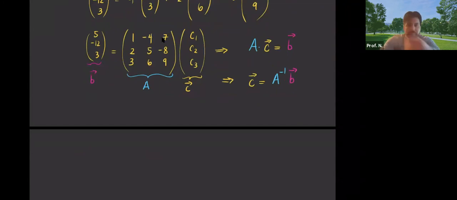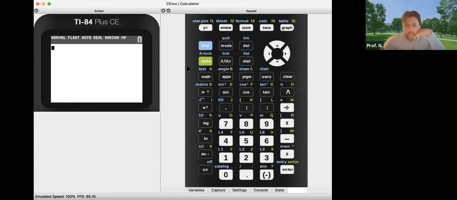When I do so, I'm going to use my calculator for this. I'm going to go to my matrix and edit a 3x3 matrix. It becomes 1, -4, 7 as my first row.